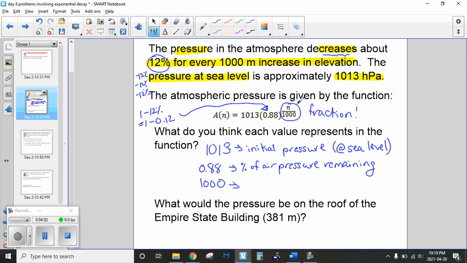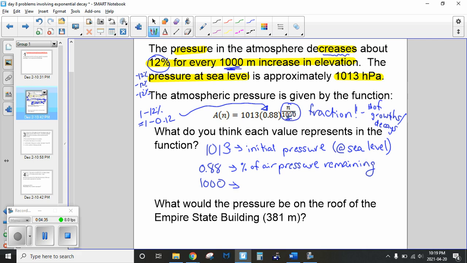In the last ones, the growth questions, the exponent was just the letter n, and that told you how many growth periods there were. So the answer to this fraction is the number of growth periods, or number of growths or decays in this case, the number of times that's happened. And this one's kind of neat because it says it happens every 1,000 meters.